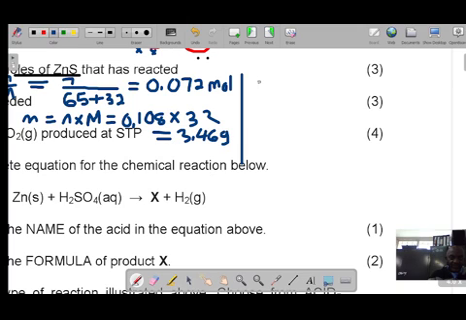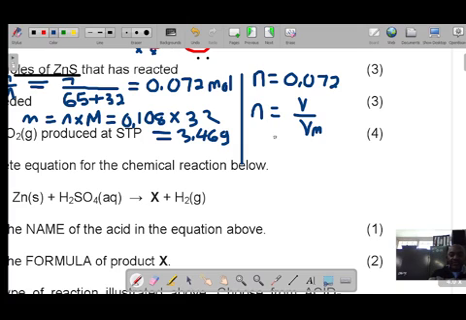The number of moles is 0,072. Again, number of moles of sulfur dioxide at STP is the same as V divided by V molar. Now what is this V molar? That's the volume of the gas at STP, which is 22,4.